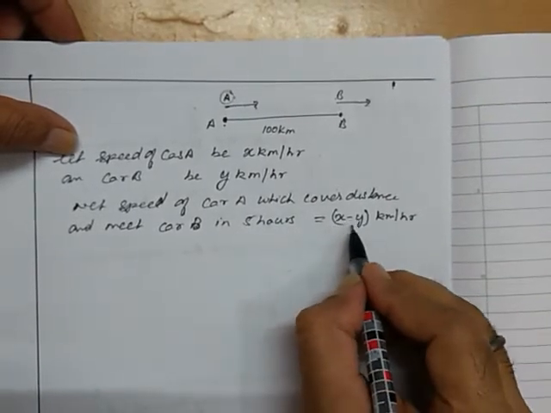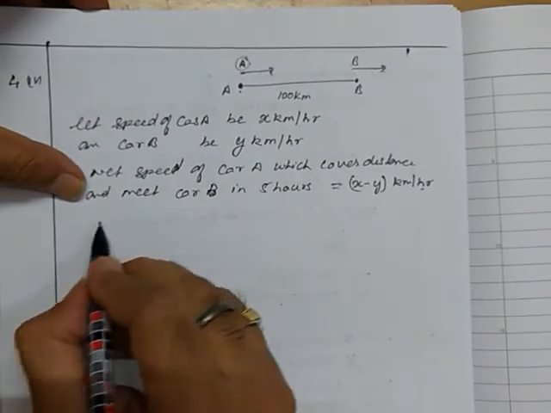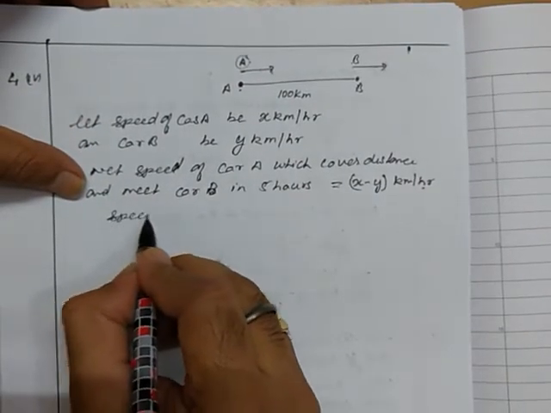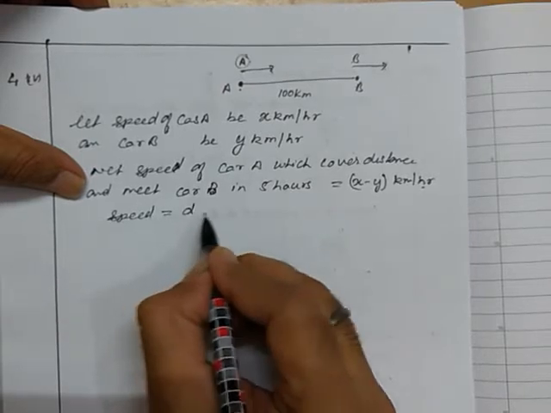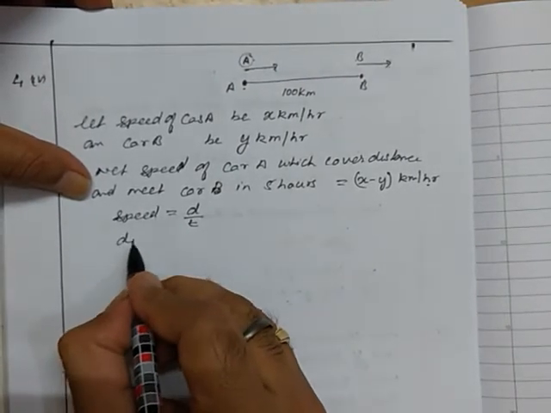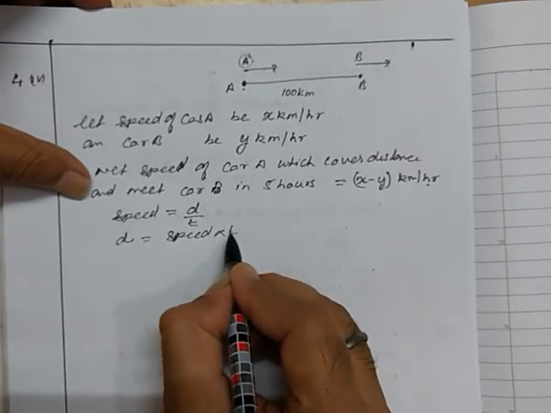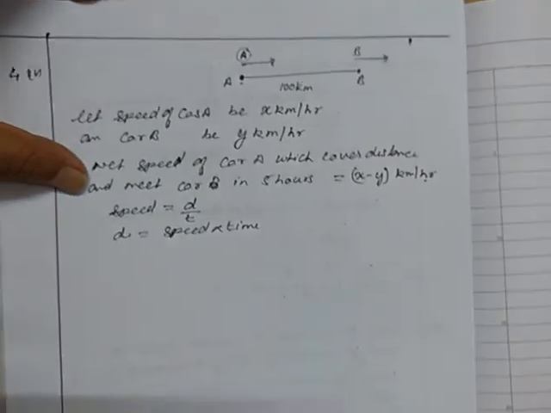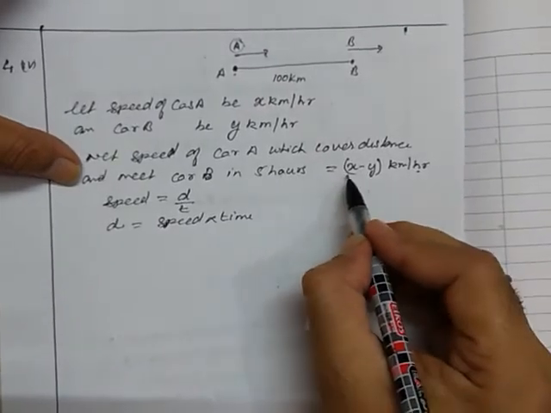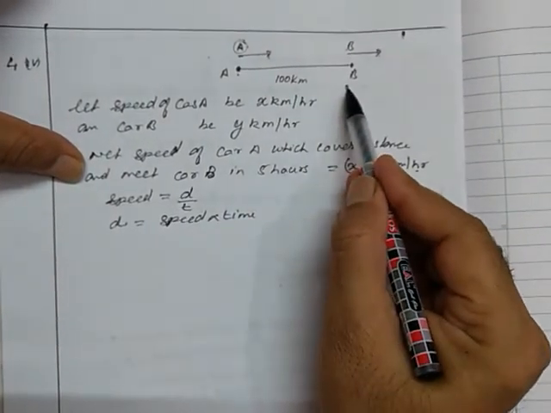That's why its net speed will be this. So we know that speed is equal to distance upon time. Therefore distance will be equal to speed into time. Now the distance which will be covered by car A will be equal to how much? It will be equal to 100 kilometers.